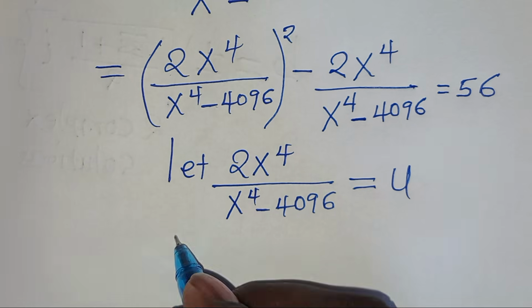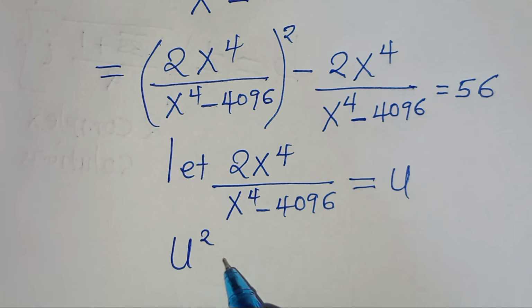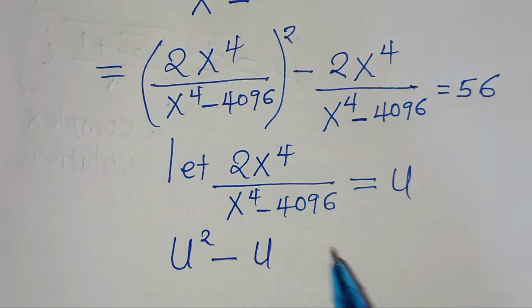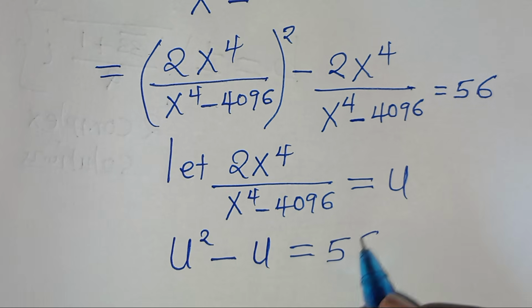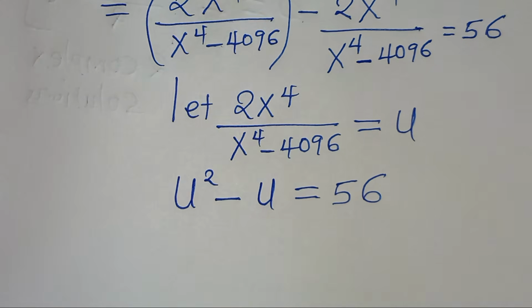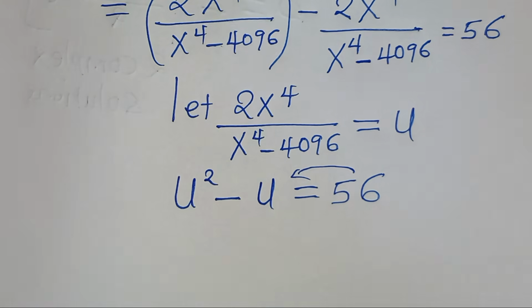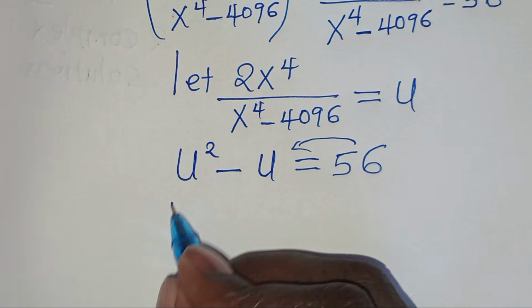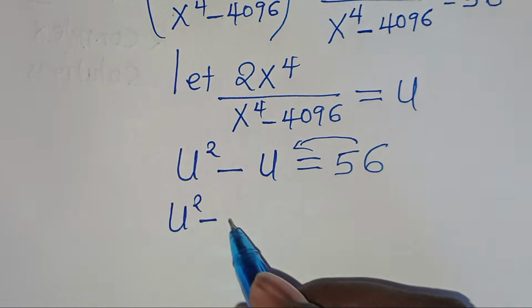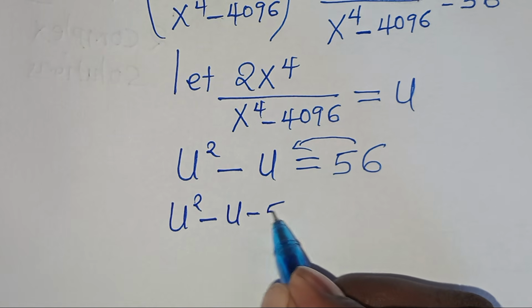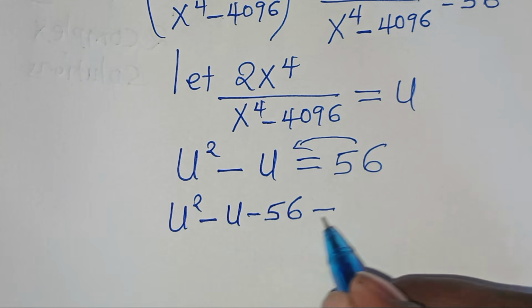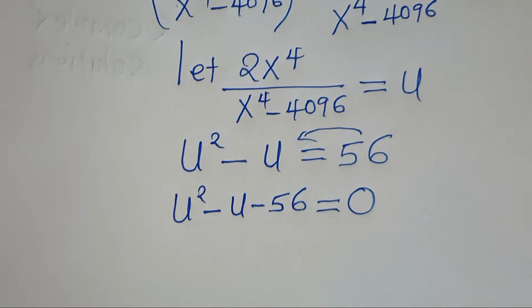So we have u squared minus u. This is equal to 56. Let's take 56 on the left hand side so that now we have u to the power of 2, subtract u, subtract 56. This is equal to 0.